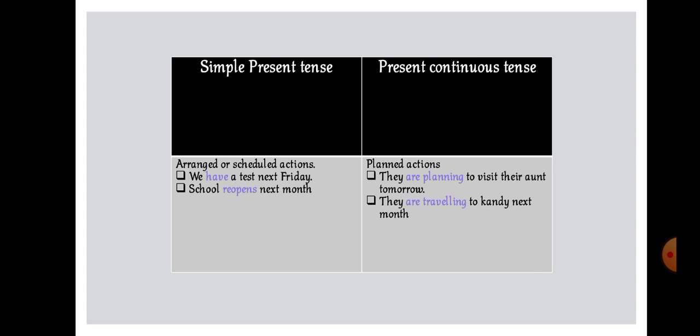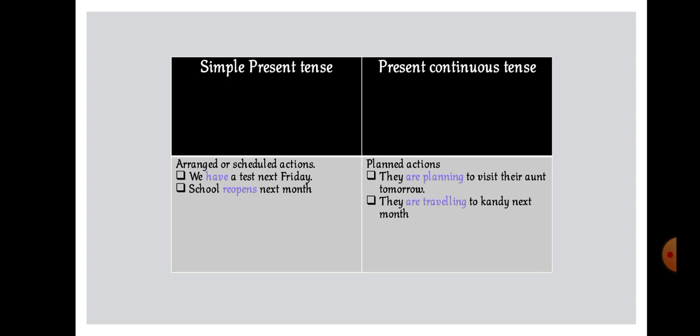Tomorrow you have the first period English. On Tuesday you have the first period science, second period Tamil, Sinhala. That is a schedule. So when you're talking about scheduled or pre-arranged events, you use the simple present tense related to future. Scheduled actions are related to future.